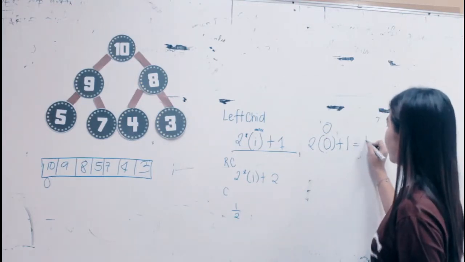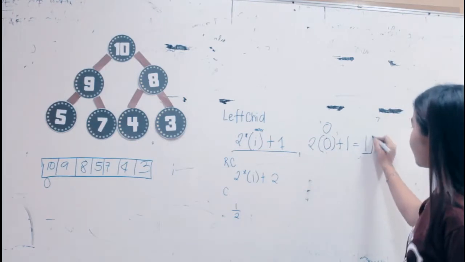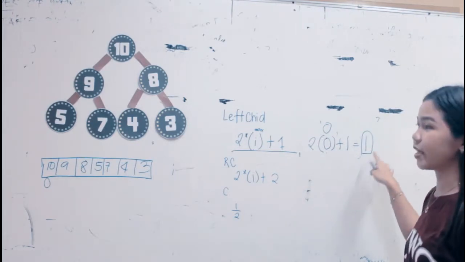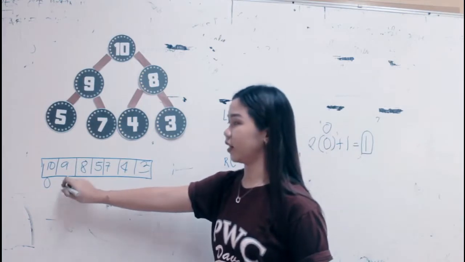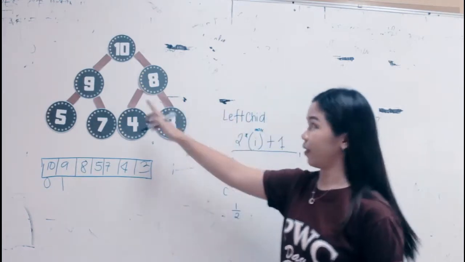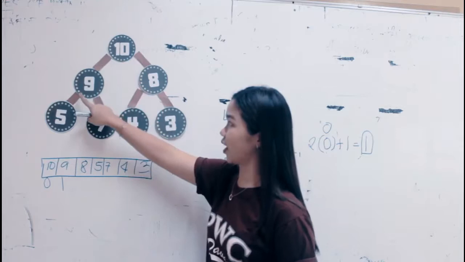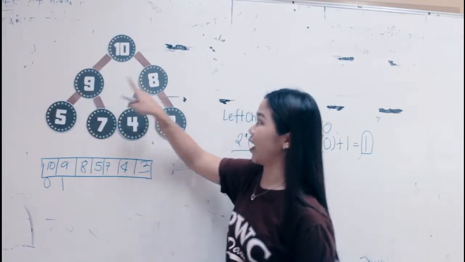Plus 1 equals 1. So this means that array index 1 will be the left child of your 10. So 10's left child is 9, and also with 8.